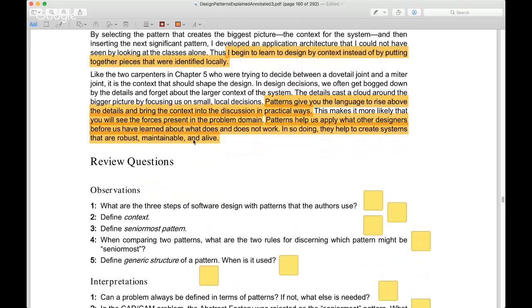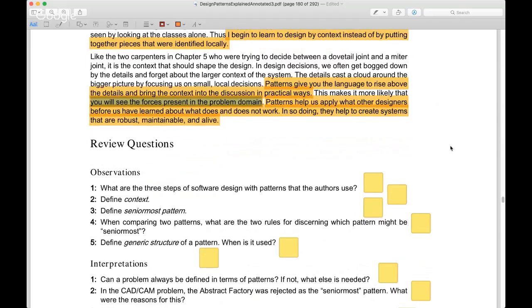And you will see the forces at the appropriate level, and as you descend, you will find out more quickly what patterns will work and what ones won't.